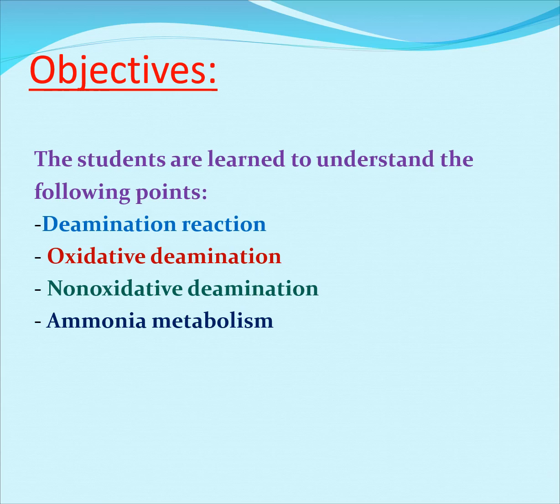It is a reversible reaction involving the reaction of amino acids with a keto acid, most likely alpha ketoglutarate, to form glutamate mainly and the corresponding keto acid.